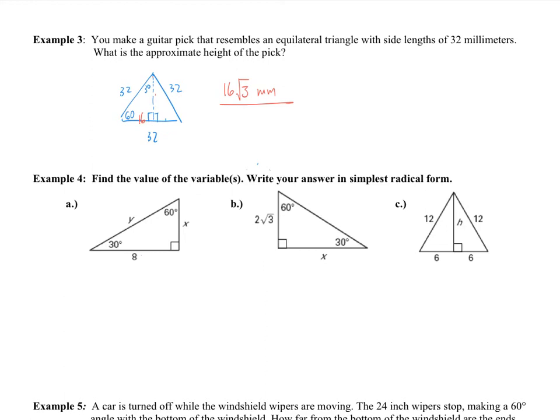Example 4. Find the value of the variables. Write your answer in simplest radical form. Okay, so this is a 30-60-90 triangle. And since I have the length of the longer leg, and I want to calculate x, I have to take 8 and divide by square root of 3.